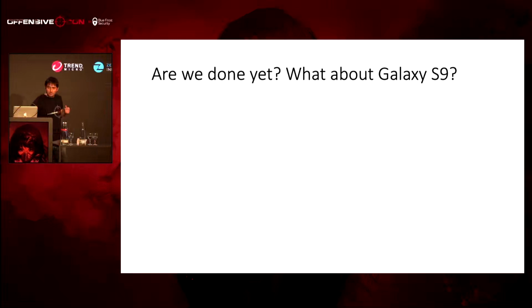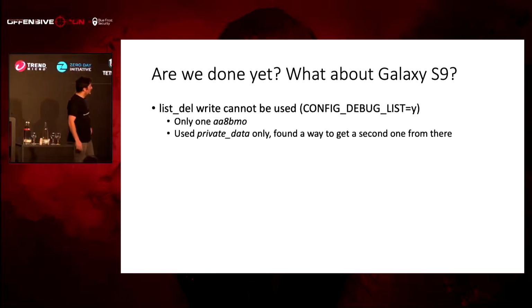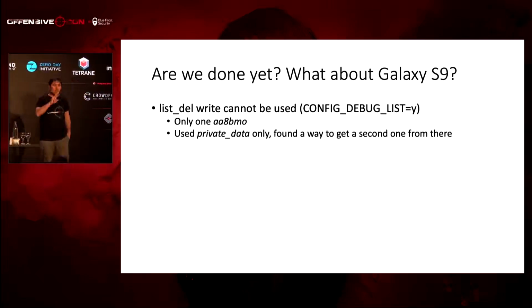We said that we wanted to do this on the Galaxy S9, so CONFIG_DEBUG_LIST is set, which means only one of the two arbitrary write primitives is available. Luckily, back then, there was no panic on corruption with that feature. So it would just warn in the kernel logs, but it would not panic. So it's like, oh, the list is not good, OK, I will go through.